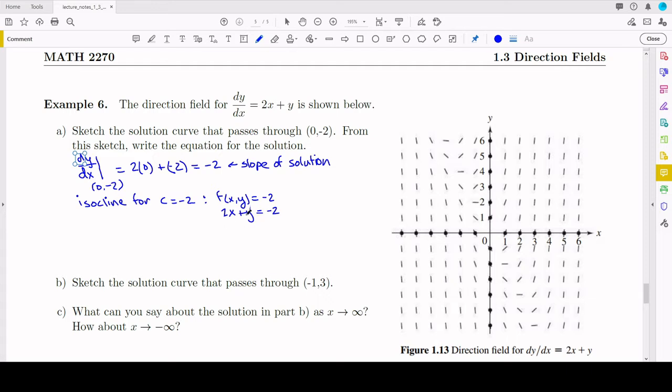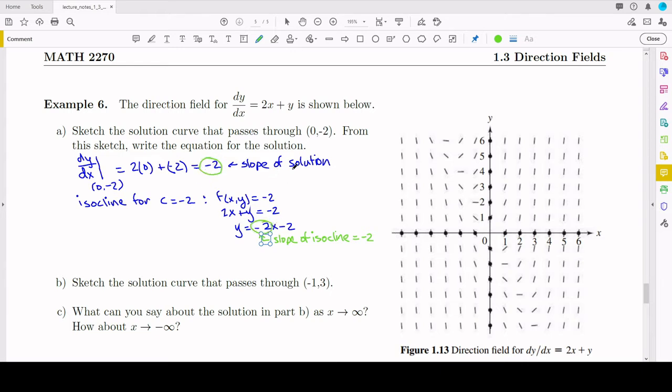Now, when we solve that for y, we get y equals negative 2x minus 2. And what we notice then is that the slope of the isocline is negative 2. Right? That's this negative 2 here.